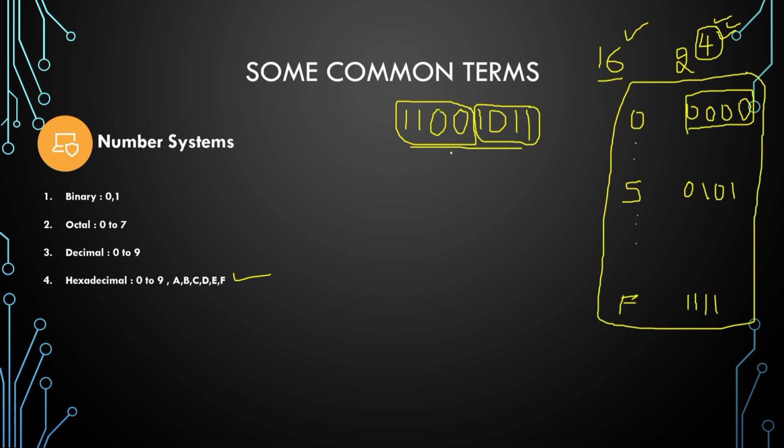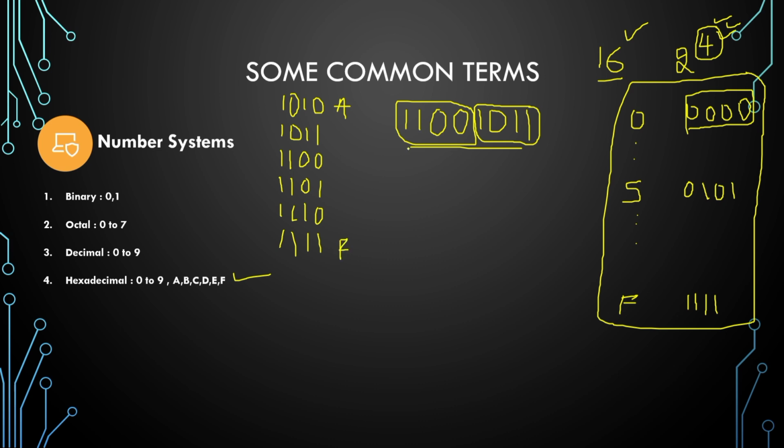As we saw, A is 10, which is 1010, B is 11, which is 1011, C is 12, which is 1100, 13 is 1101, 14 is 1110, and 15 is 1111. So this is our A and this is our F.